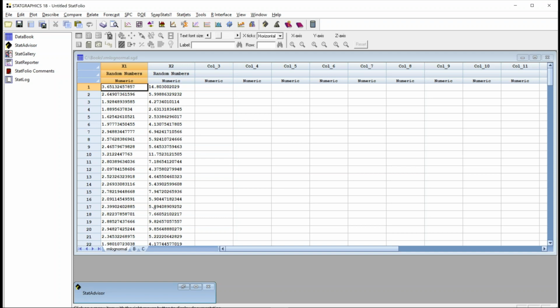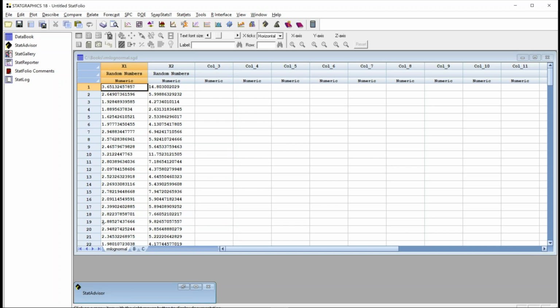And I'll wait a minute till they show up on the screen. Okay. I'm told that you can now see the data. This is 2 columns worth of data, X1 and X2, both of which are random samples from a log normal distribution.